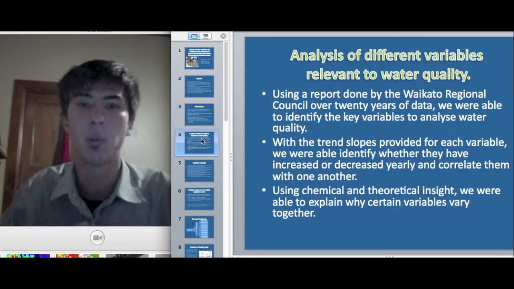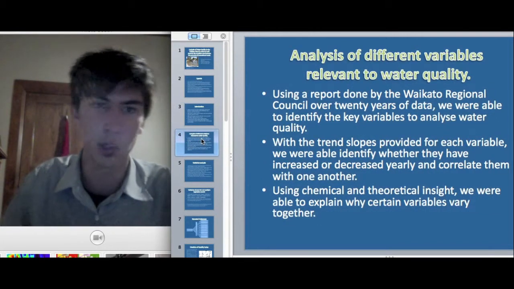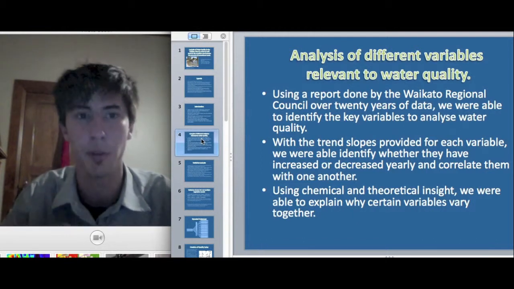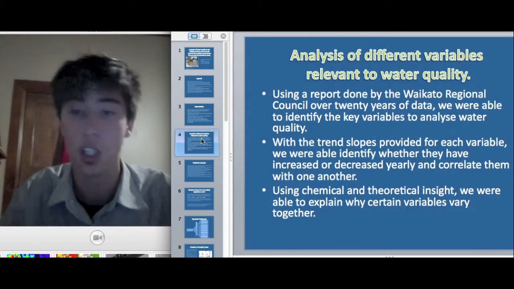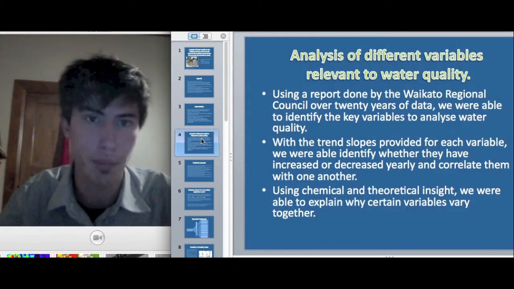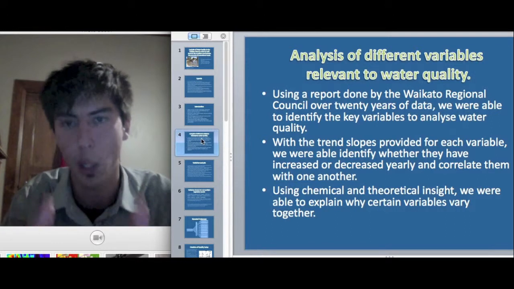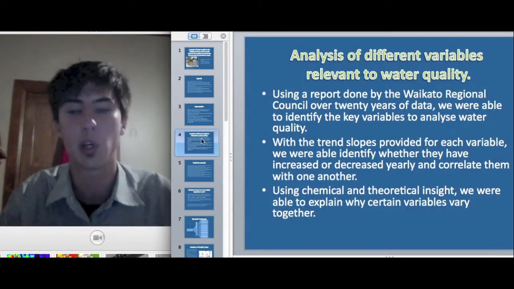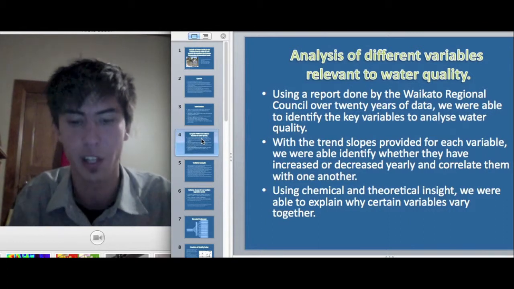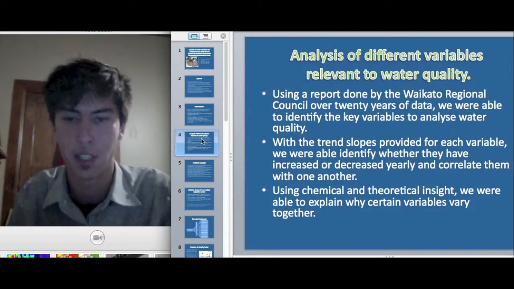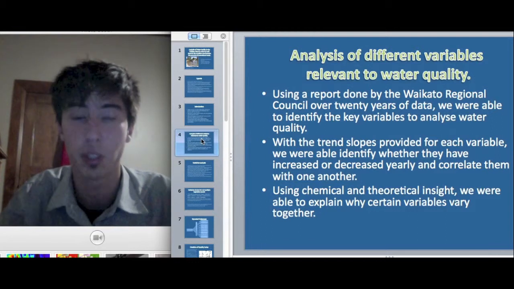Okay, so firstly what we did was an analysis of different variables relevant to water quality. This analysis was done from a theoretical and a chemical background, which means that we used a study from the Regional Council, over 20 years of data on all different variables that are important to quality of water. And we also tried to identify how they correlate to one another and why, practically, they affect the quality of water as well.